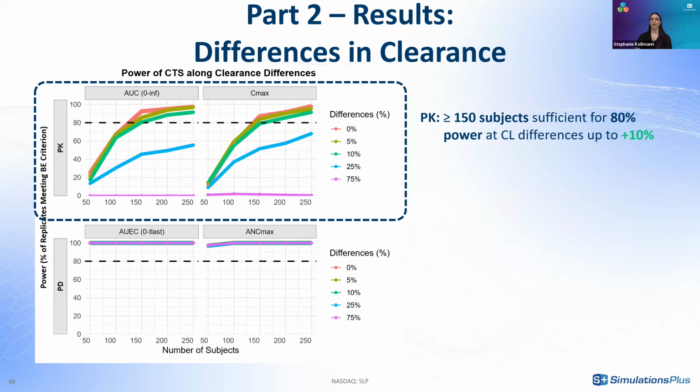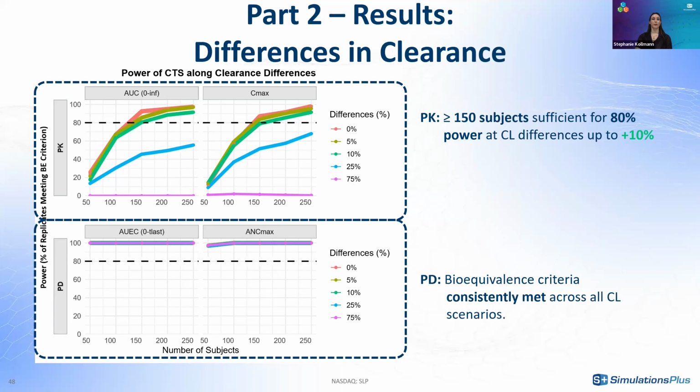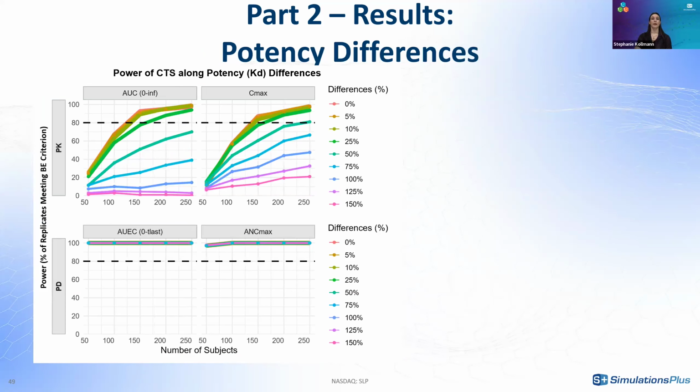Beyond that, power stays significantly lower, reflecting the strong influence of clearance on overall exposure. For PD endpoints, AUEC and ANC max, the bioequivalence criteria were always met, indicating that small changes in clearance don't significantly affect the ANC response.